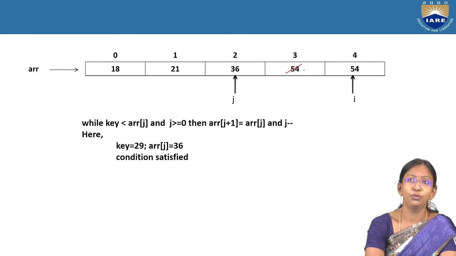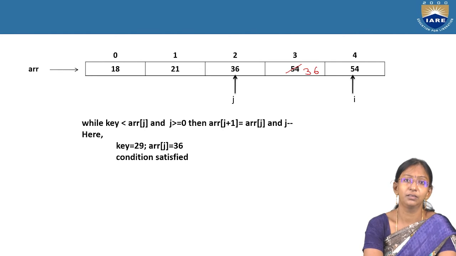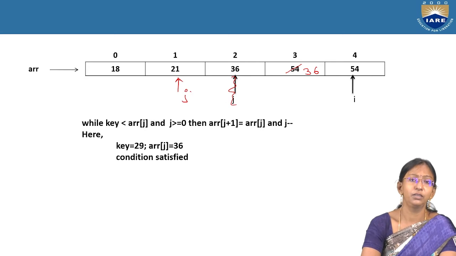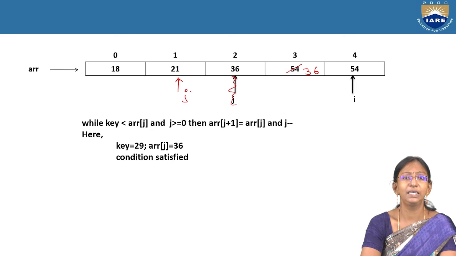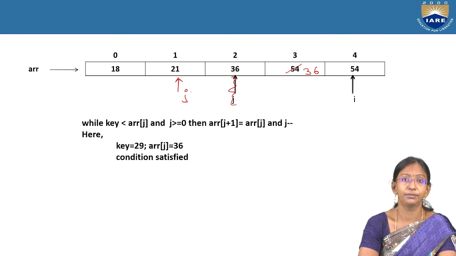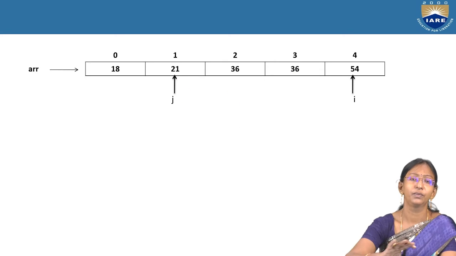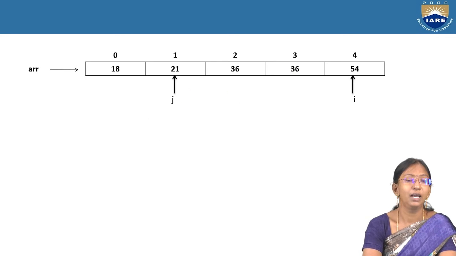So 54 will be overwritten by 36 and decrement j. If I decrement j, j will be pointing to index value 1 now, right? So this is how it is going to change. Have a look. This is the current scenario.